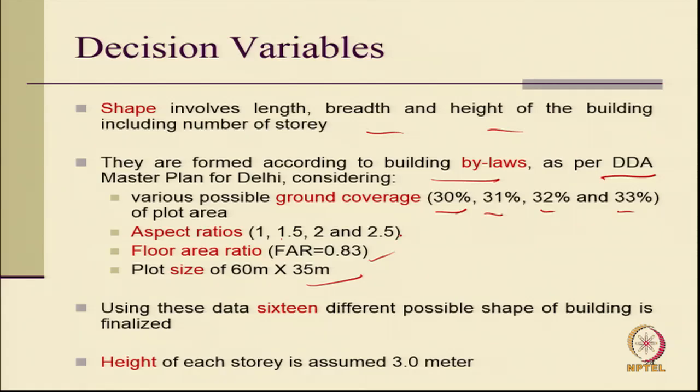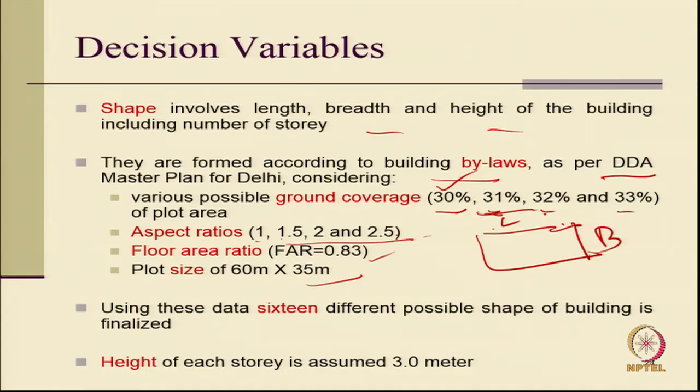So, you are actually getting 4 into 4, 16 cases, 30% ground coverage with aspect ratio of 4, 31% ground coverage with aspect ratio, all this. What is aspect ratio? L by B, this is L and this is B. So, this ratio 1 means square, 1.5 means the longer dimension is 1.5 times the shorter dimension, and then 2 and 2.5 etcetera, and ground coverage.